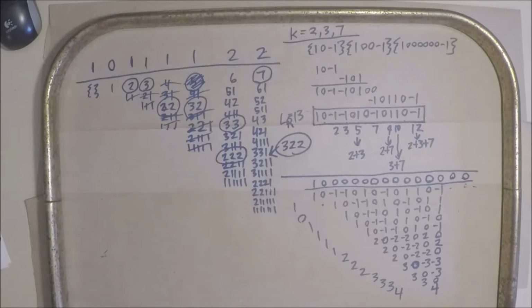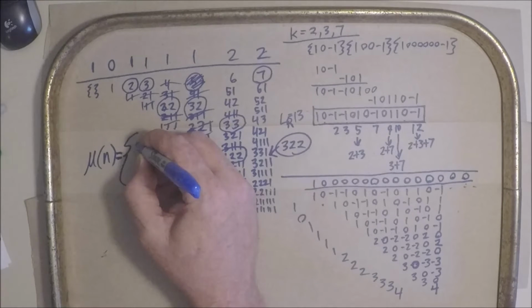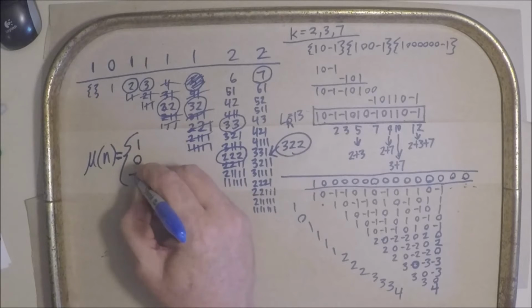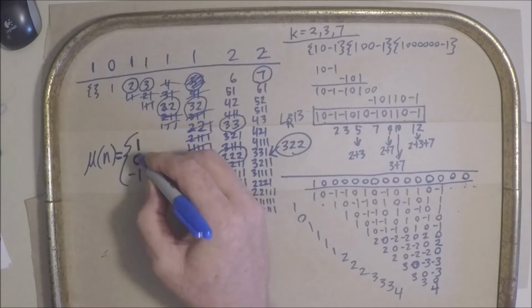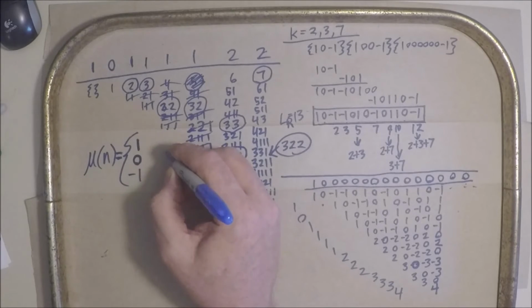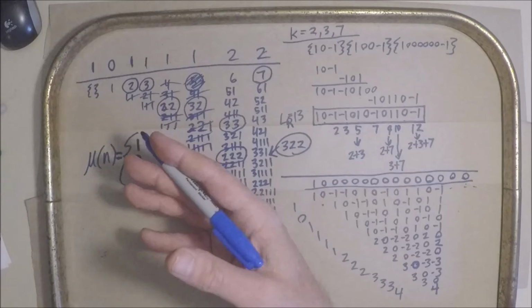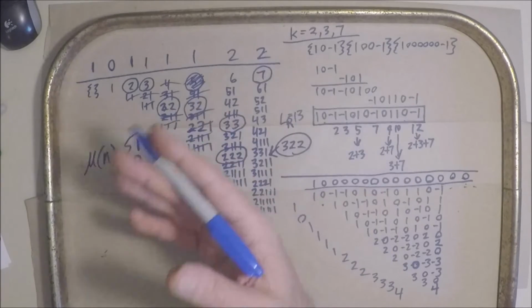Pretty cool. The Mobius function, by the way, is going to equal 1, 0, or negative 1. It's going to be 0 if n is not square free. So if it's divisible by 2 squared, or 5 to the 4th, or 7 to the 3rd.